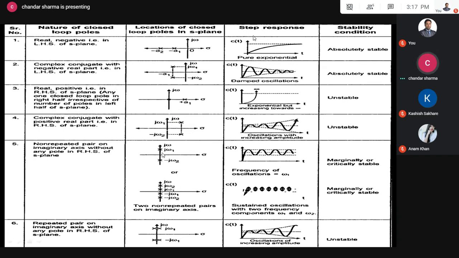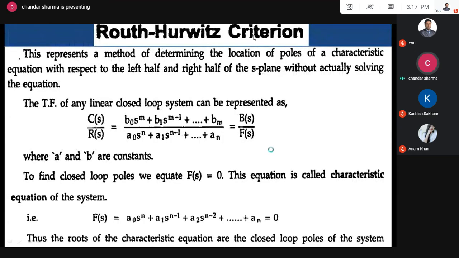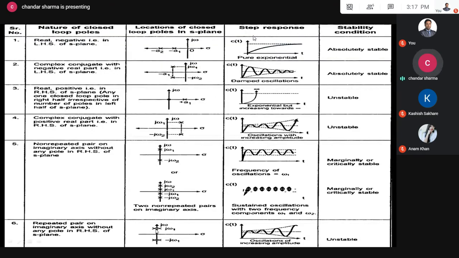You can see there are two poles, but they are not repeating. The system is critically stable, or we can say marginally stable. If there are repeated roots on the j omega axis, the system is unstable. This is how we identify whether the system is stable or unstable by locating the poles or roots. Poles and roots are the same words, with the same meaning.